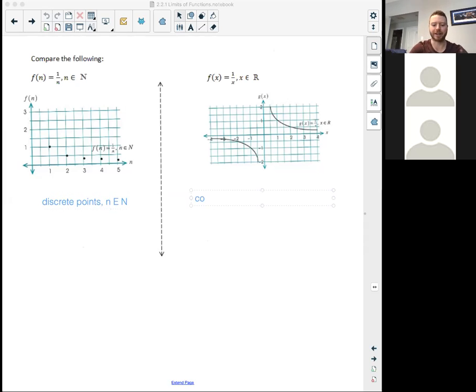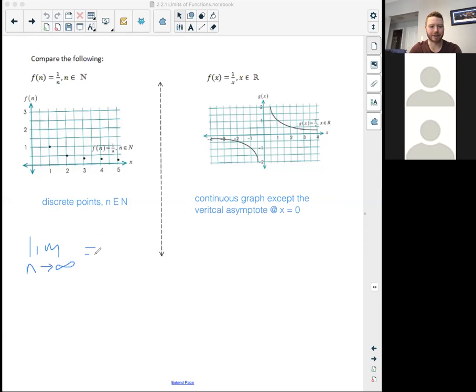And then on the right here, we have a continuous graph, except for the vertical asymptote at x equals 0. I'm going to attempt to draw here. I don't have a stylus or anything like that. So on the left here, if we have the limit as n approaches infinity, that's actually pretty good.